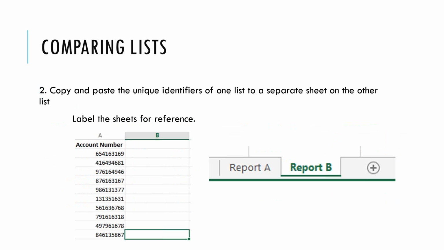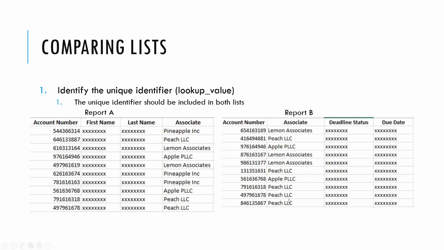So step 2, copy and paste the unique identifiers of one list to a separate sheet on the other list. So going back to what I was saying, you have 2 reports. I would copy the account numbers from report B to the same workbook of report A, just in a separate sheet at the bottom.